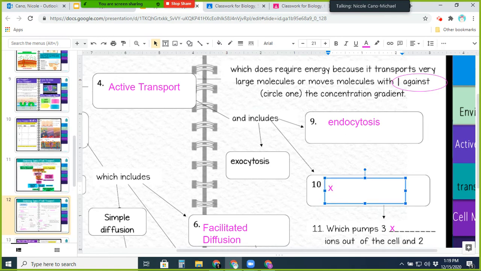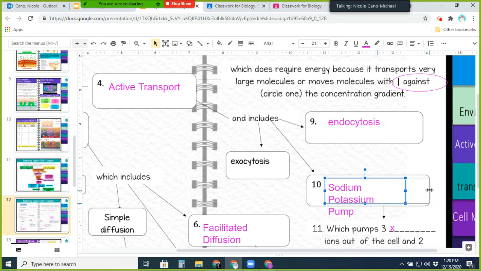All right, the other form of active transport, and again, active transport requires energy, is what we call a sodium potassium pump. And ladies and gentlemen, this is the one time in biology that they did not try to be cute.